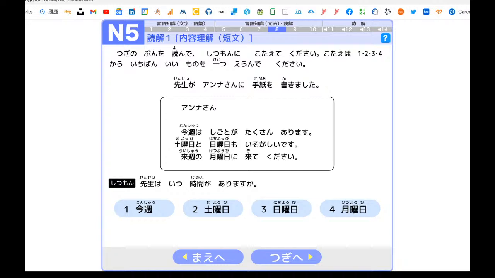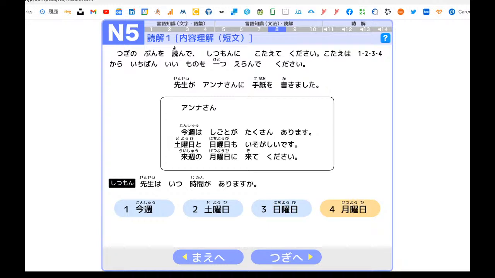This time, the question is 先生はいつ時間がありますか? When is the teacher free? Okay? And then we have 4 options. First, 今週, this week. 2. 土曜日, Saturday. 3. 日曜日, Sunday. And 4. 月曜日, Monday.